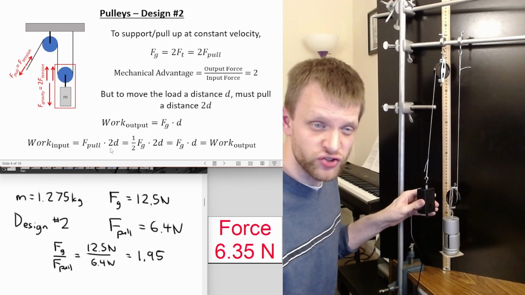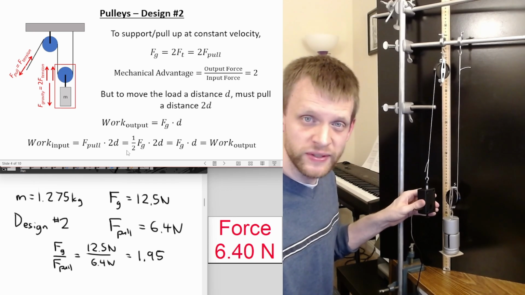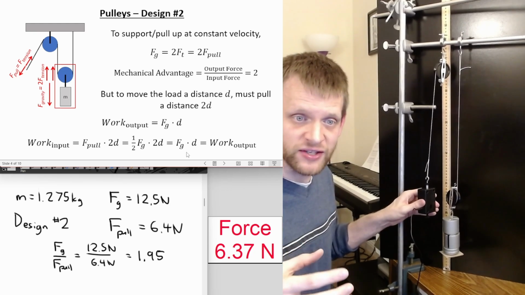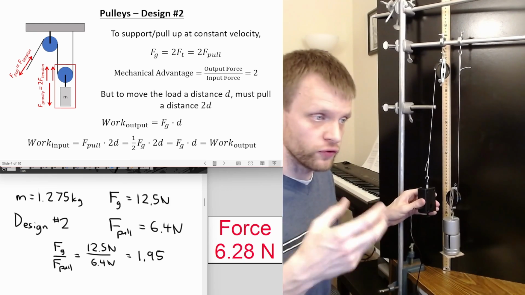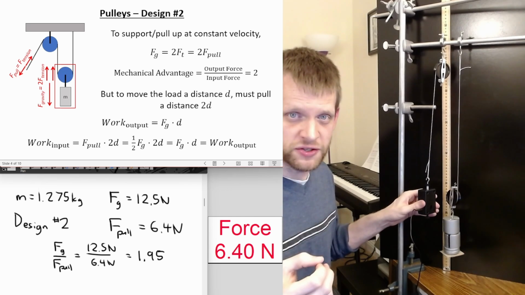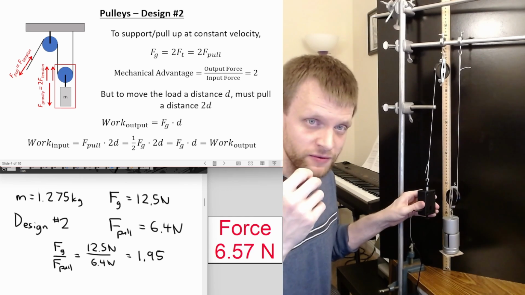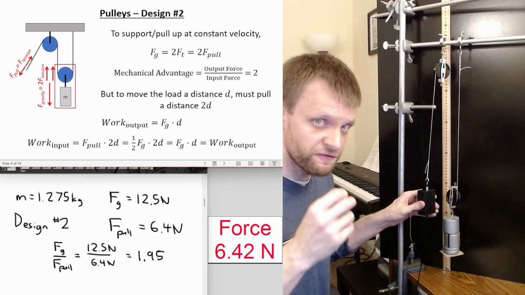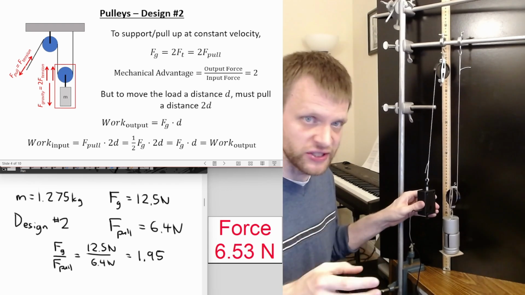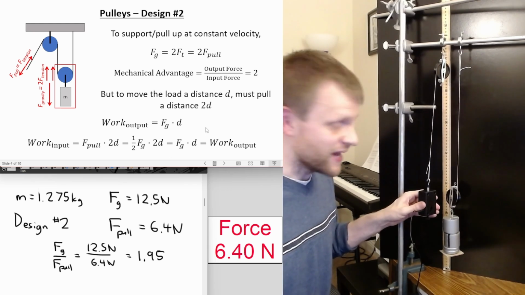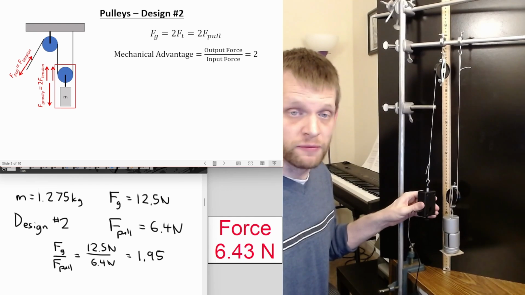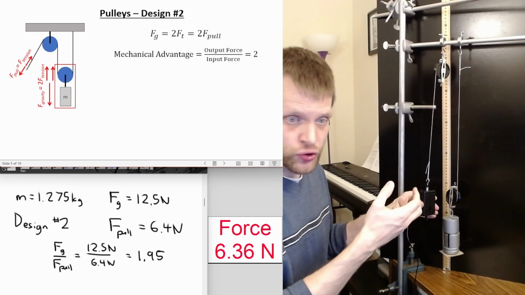So if I'm moving twice the distance, but only using around half the force, those two effects, applying half the force over twice the distance, will give me the same amount of work output. We can use these simple machines to reduce the force that we have to apply, but we can't cheat energy. We can't cheat work.